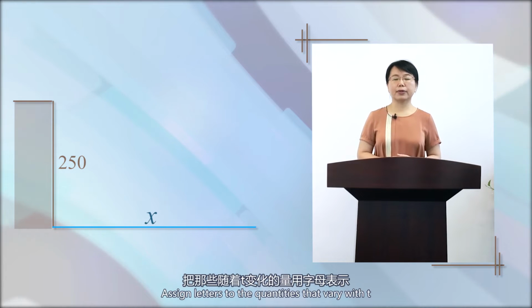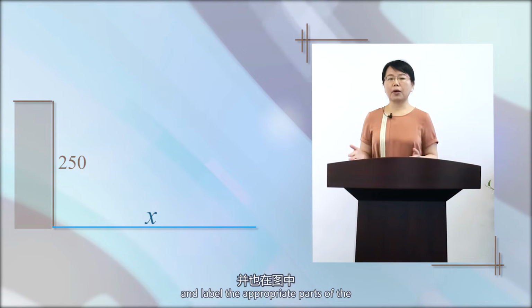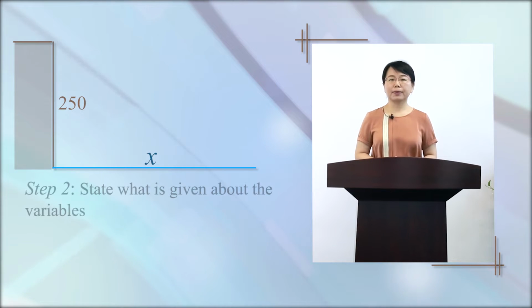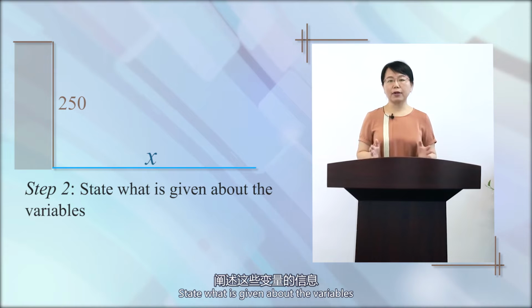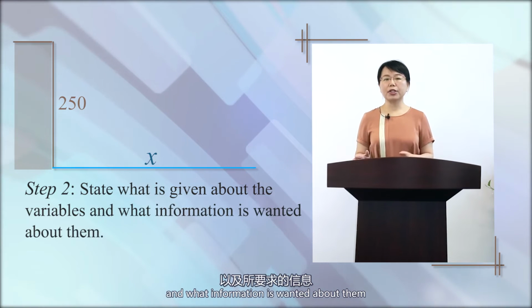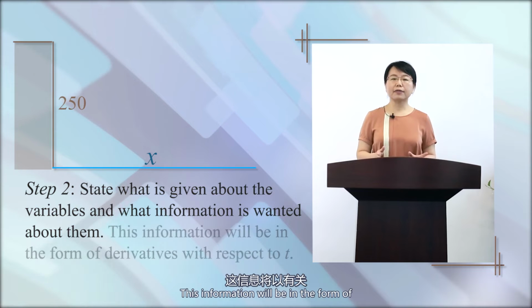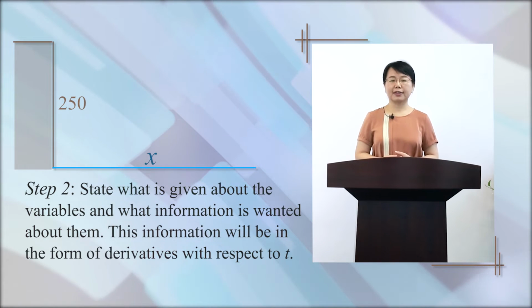Assign letters to the quantities that vary with t, and label the appropriate part of the figure with these variables. Step 2. State what is given about the variables and what information is wanted about them. This information will be in the form of derivatives with respect to t.